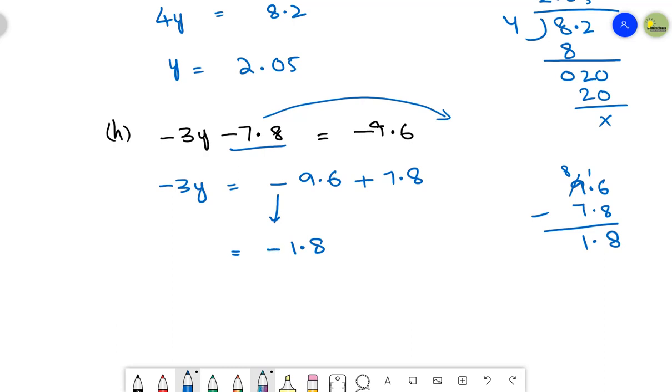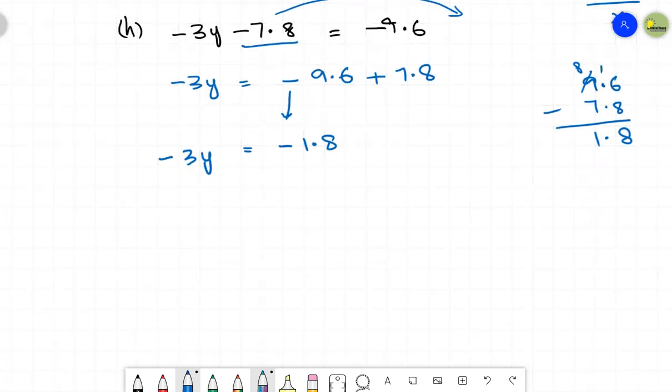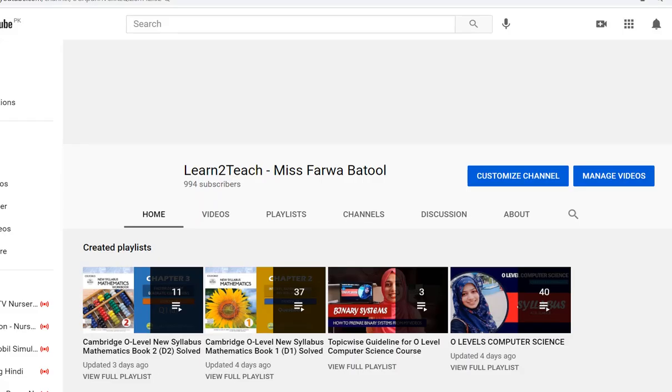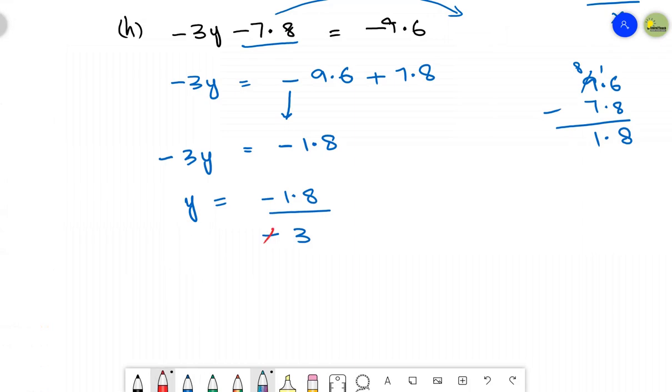Why? Because minus 9.6 is the greater value, so you need to keep that sign minus with the answer. Now this is minus 3y equals to minus 1.8. Now minus 1.8 will be divided by minus 3. Minus minus will be cancelled.